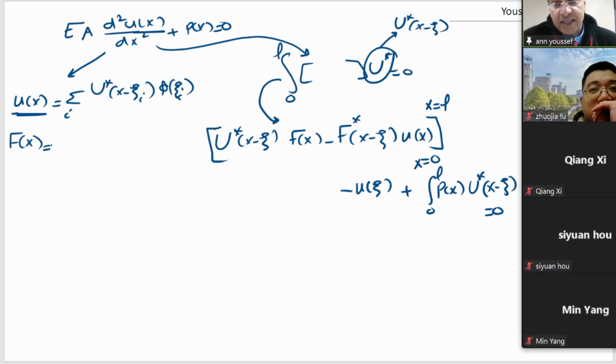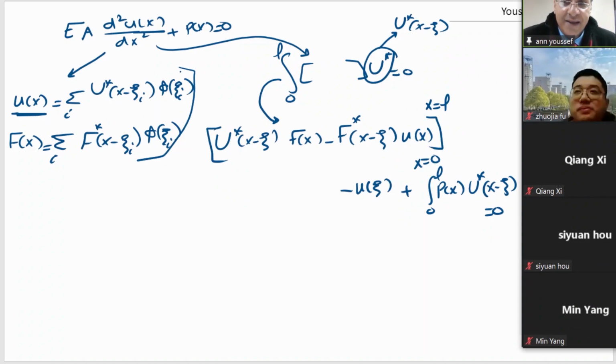We'll get f of x equal to sigma f asterisk of x minus xi I times the phi of xi I. If from these two equations we condense, eliminate phi of xi I, we will end up with this equation.